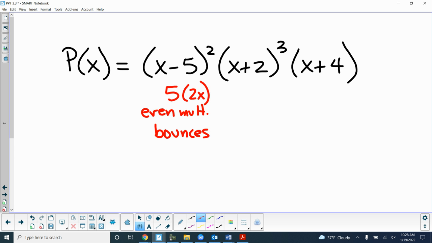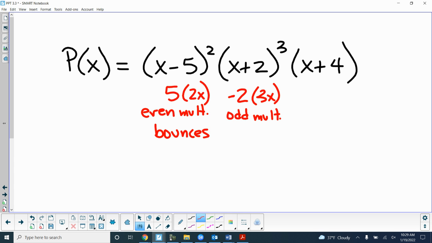What's this 0? Anybody? -2, isn't it? And how many times does it work as a 0? 3 times. So it has odd multiplicity. So when it's in factored form like this, you just look at the exponents to tell you if it has even or odd multiplicity.